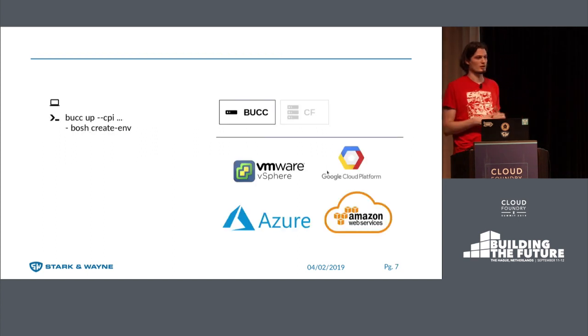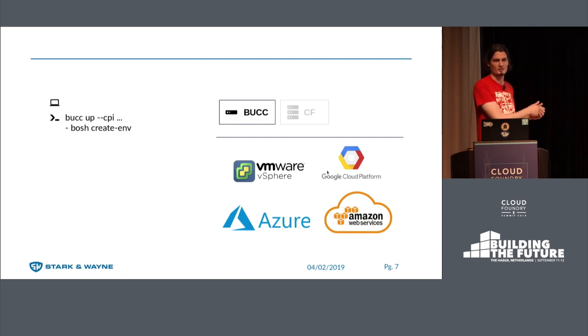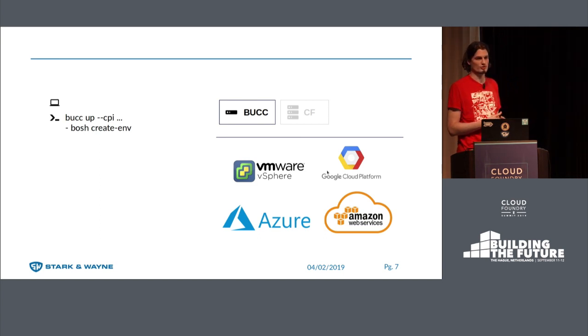So yeah, let's look at some options. This is actually also a bit of a history lesson about BUCC and how we started. And these features are still supported and in there, but we have evolved the project to have more scope. We will end with our latest and greatest research, basically. So yeah, with BUCC-up, you specify a CPI.